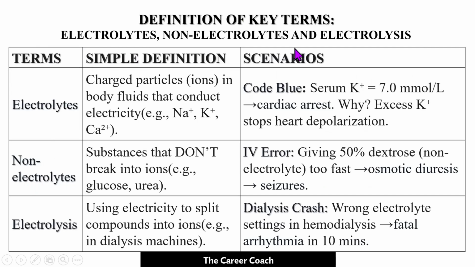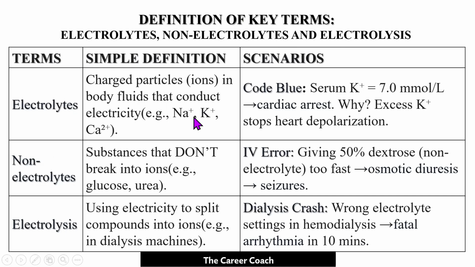You want to define basic key terms such as electrolyte, non-electrolyte, and electrolysis. Electrolytes, we'll look at the terms, the simple definition, and we'll look at a scenario that calls for attention by the nurse. What are electrolytes? Electrolytes are charged particles called ions in body fluid that conduct electricity.